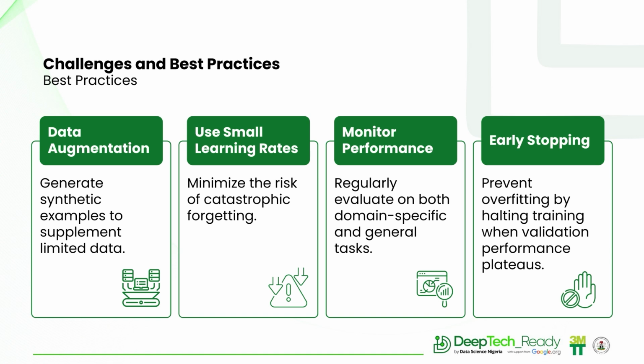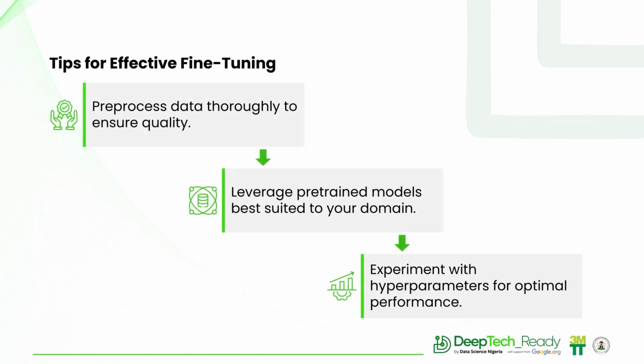This helps prevent the model from overtraining on the data, ensuring it generalizes well to unseen examples. Some tips for effective fine-tuning include pre-processing data thoroughly to ensure quality, leveraging pre-trained models best suited for your domain, and experimenting with hyperparameters for optimal performance.